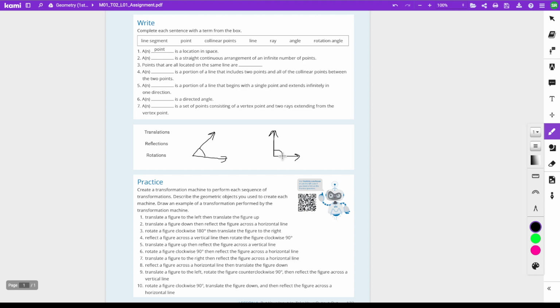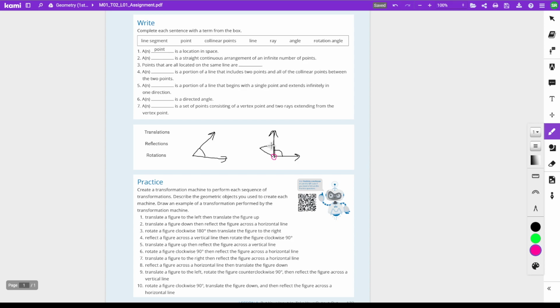So let's say we have a 90-degree angle here, and we want to take our shape 90 degrees clockwise. So every rotation of a shape happens about a certain point. For this assignment, we're just going to rotate our shapes about one of the vertices.